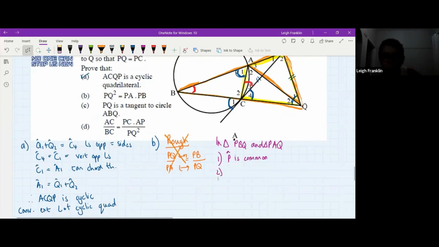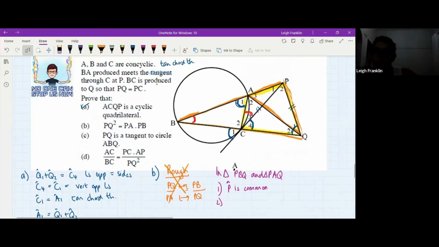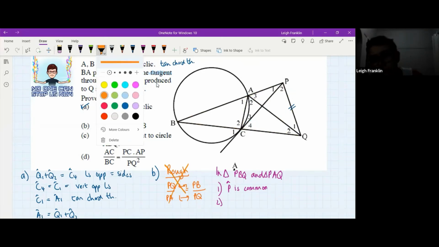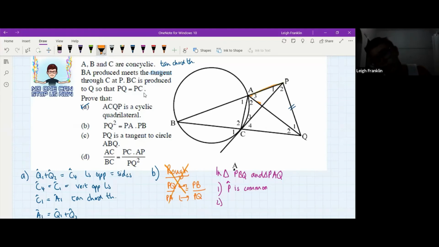Now, this is probably not going to be obvious. Okay, so we've got angle P is common. So what does that leave us with? What I'm going to do, I'm just going to rub all of that out and then I'm just going to highlight this again. Okay, so this triangle over here. And then the big one.